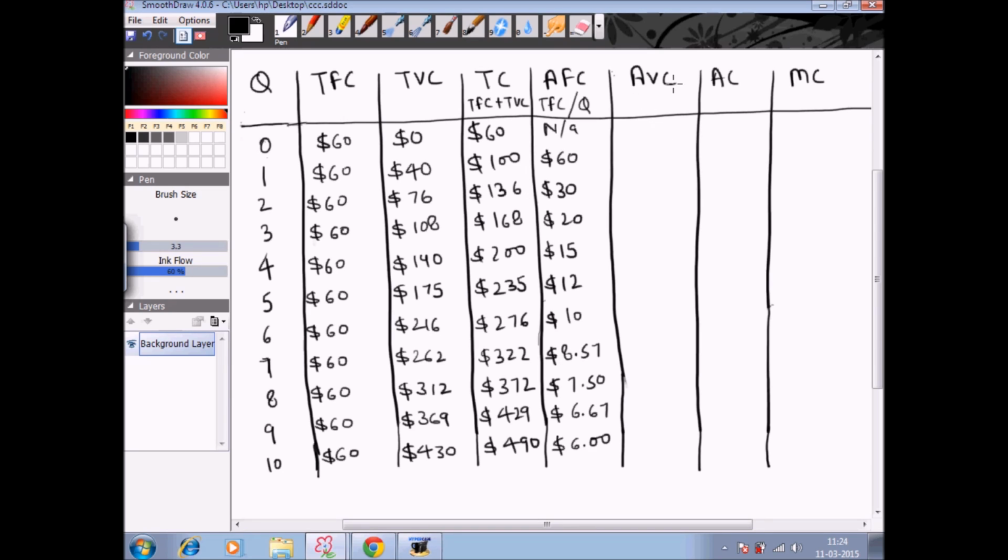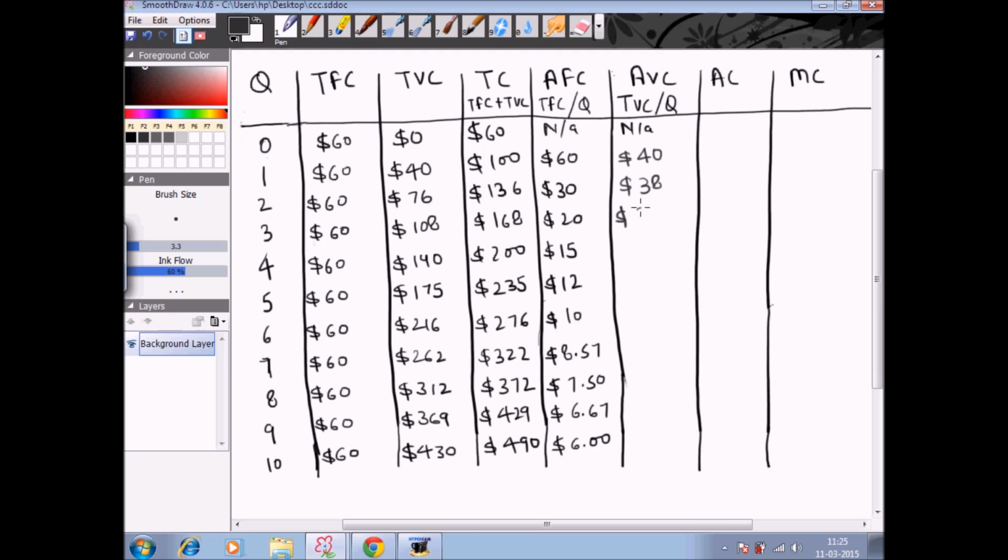What about average variable cost? It is calculated by dividing the total variable cost by the quantity produced. So in the first case the average variable cost will be 0, that is 0 divided by 0. Then second case $40 divided by 1, so it would be $40. Then $76 divided by 2, that is 38.